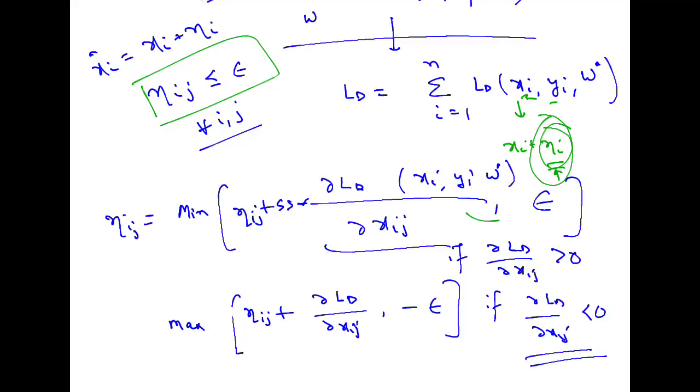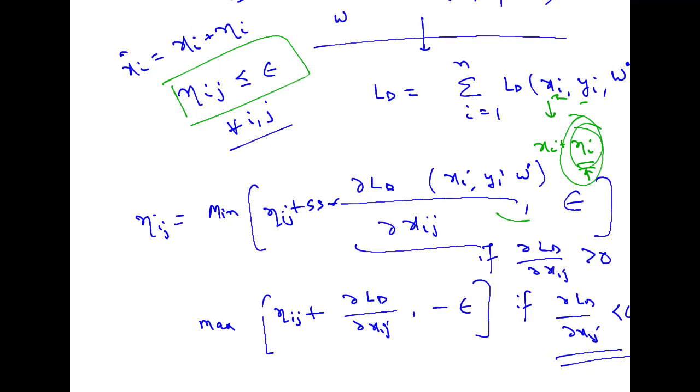Right? So you don't want it to get less than minus epsilon, you don't want it to go more than plus epsilon, and then you keep repeating this step. So this you will put in a loop for all j, and then you put another loop, and you keep doing this update.